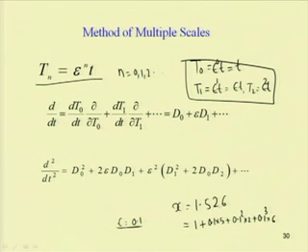So, I can write 1.526 in this form, that is 1 plus epsilon into 5 plus epsilon square into 2 plus epsilon cubed into 6.